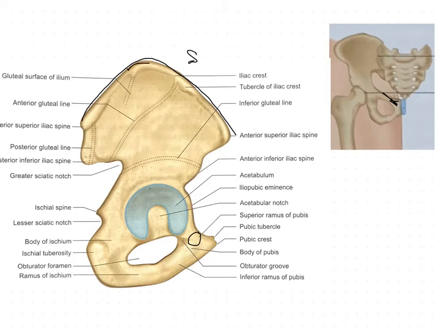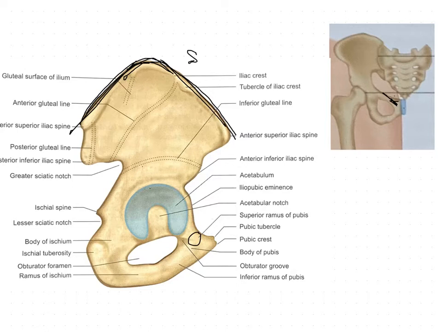Now we are keeping this bone in the vertical plane. So it is convex vertically upwards and anteroposteriorly. So the anterior side also and the posterior side also form vertical convexity.